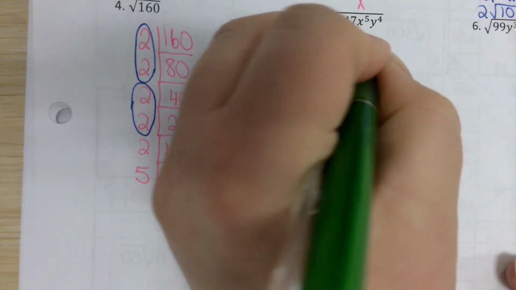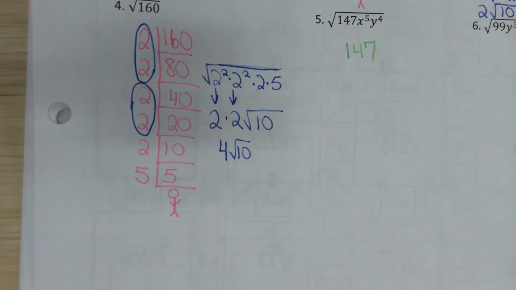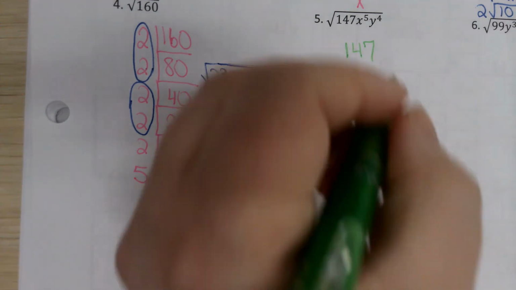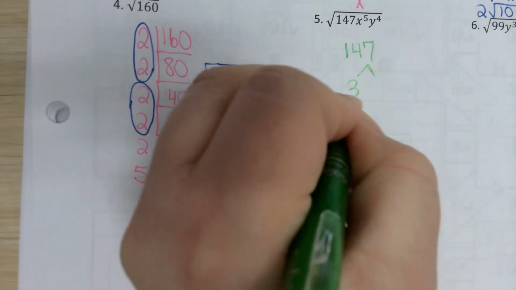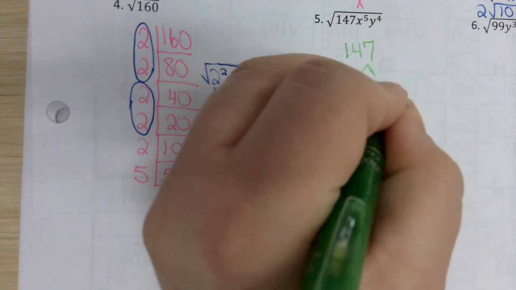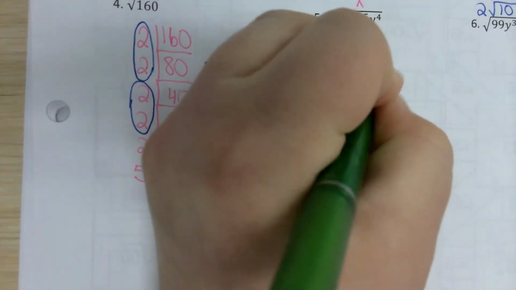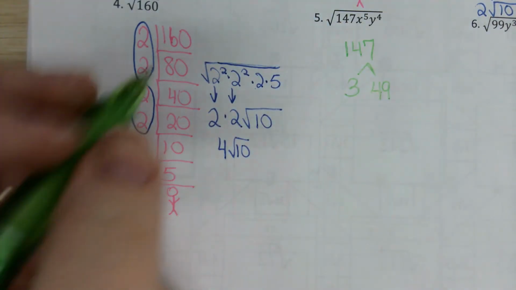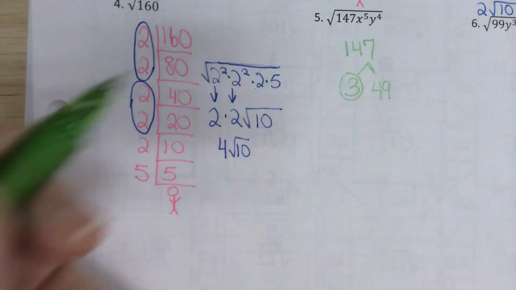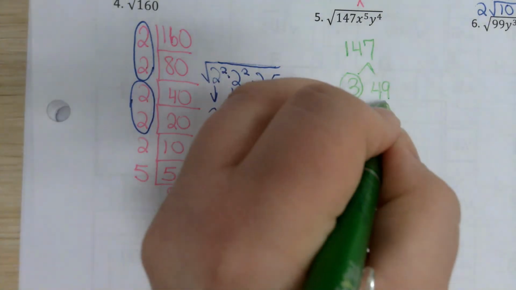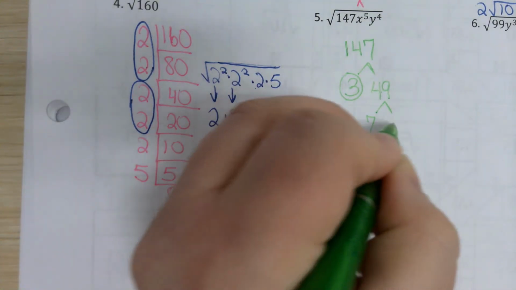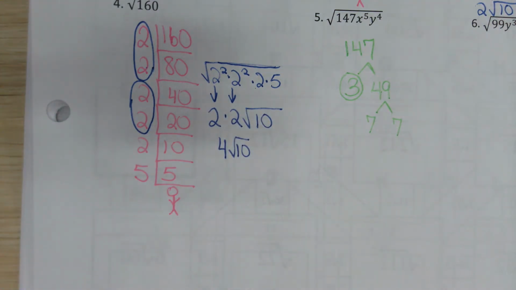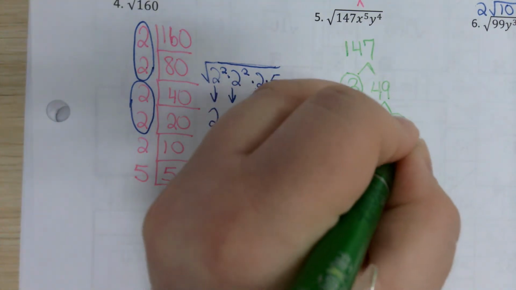147. I'll use a factor tree for this one. So 147 divided by, we'll use 3, goes in 49 times. Now 3 is prime, so I'm going to circle it. 49 can be divided into 7 and 7, which both of those are prime, so we'll circle them.